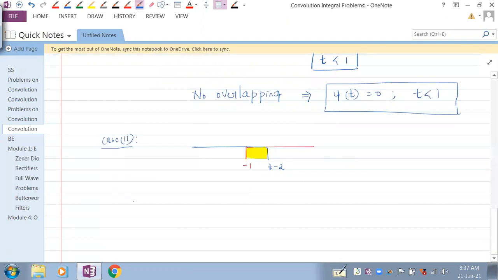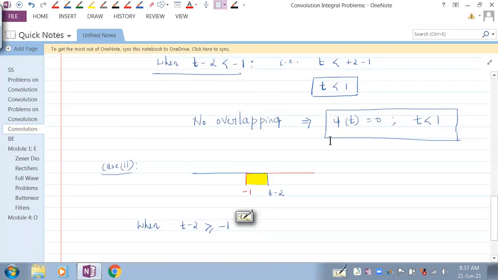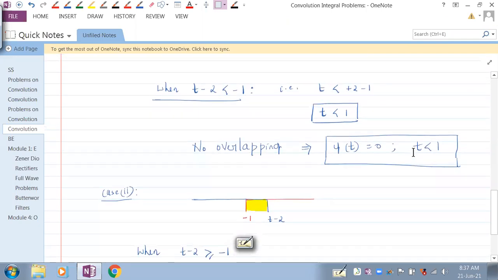This case is when t minus 2 is greater than or equal to -1, because if it is at -1, then also there is overlapping. If it goes beyond -1, then also there is overlapping. Understand that? In the previous case we are going from -infinity to t less than 1, so t equal to 1 we are not considering.